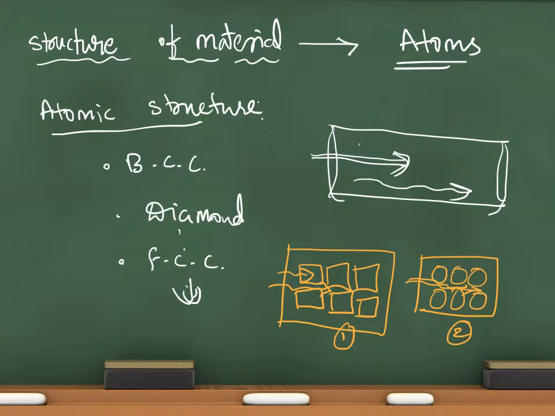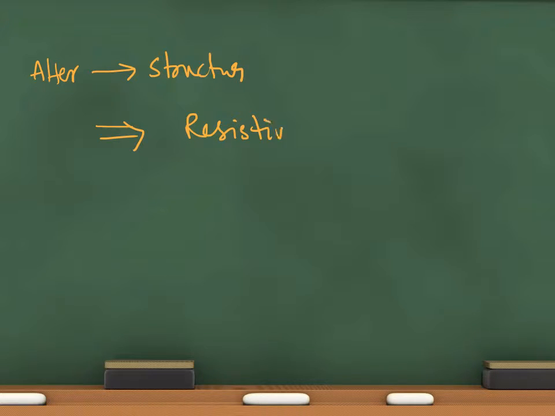So in order to improve or decrease the resistivity, we can change this structure first. If you alter the structure, you can alter the resistivity. So simply, what can we say?